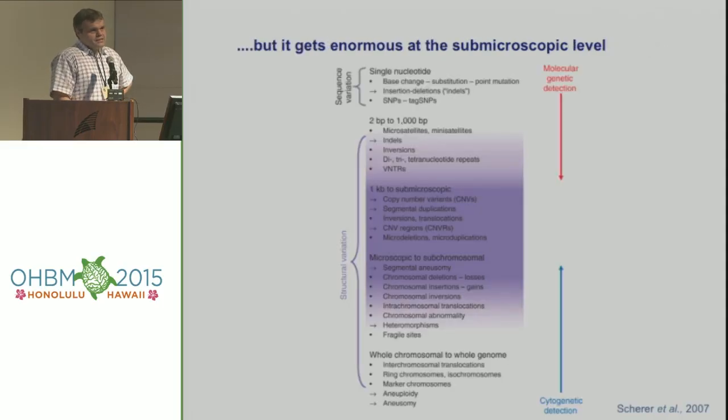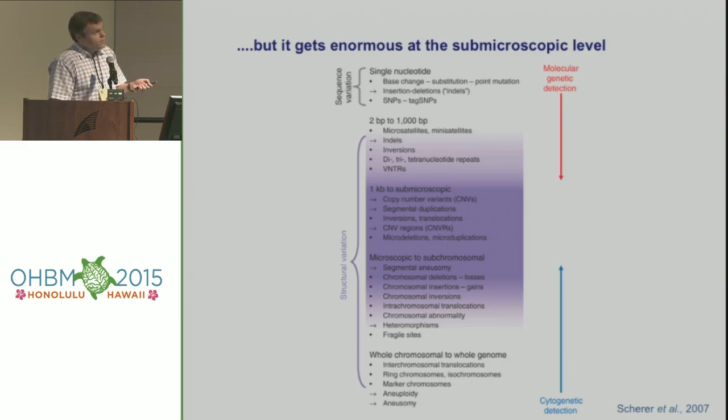But since about 15 years, when the Human Genome Project was completed, we started systematically to look at many individuals in populations and try to find out what sort of genetic variation there is at the submicroscopic level. And obviously, that variation is huge. It's enormous. And we can classify that variation according to the size of the variation.